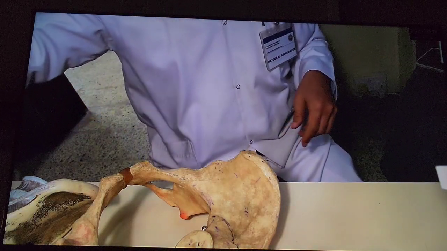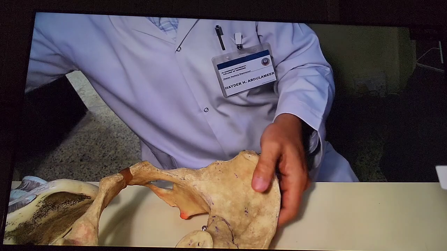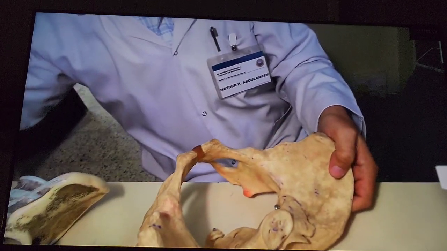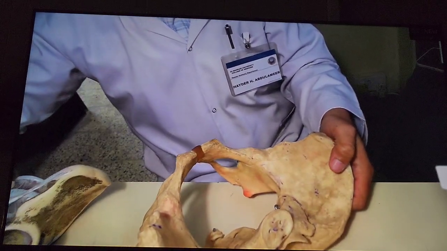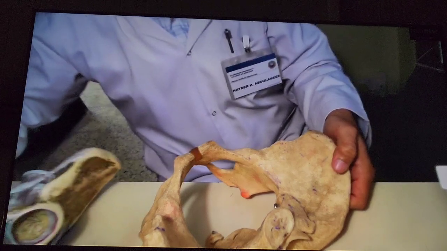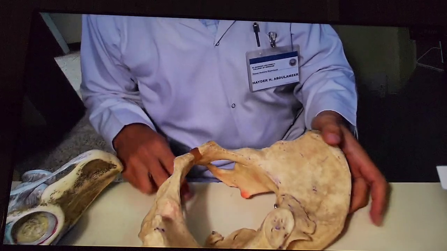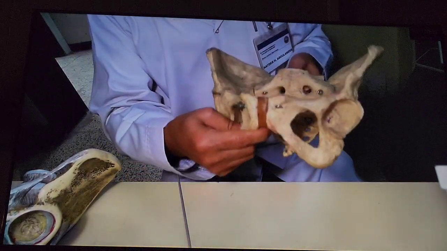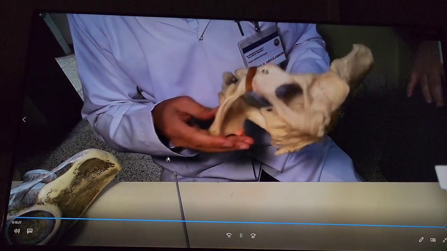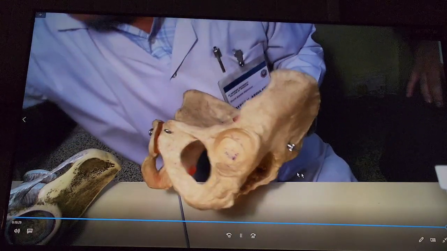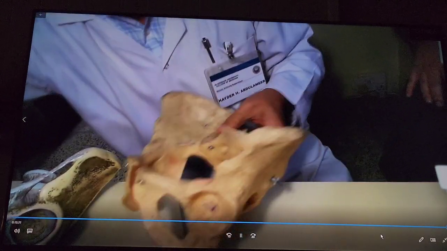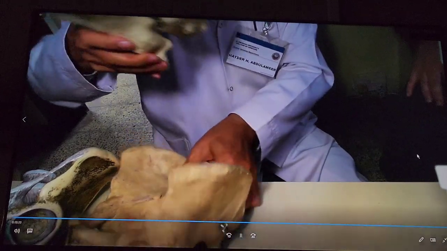We have many types of pelvis: gynecoid, which is the most common type of pelvis, and this is a female pelvis, and another type called the android pelvis.